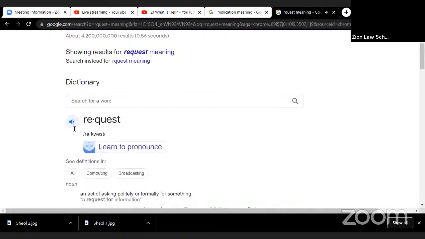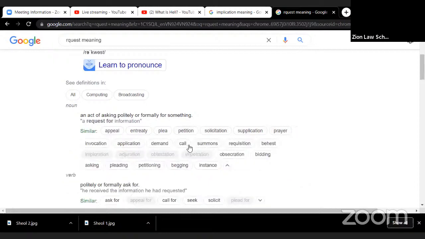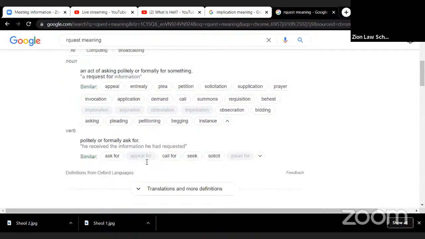To request. As a noun, to request means an act of asking politely or formally for something. As a verb, politely or formally ask for. The similar words are appeal, plea, petition, solicitation, prayer, application, demand, call, summons, bidding.